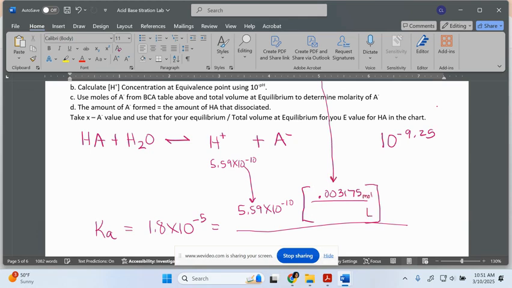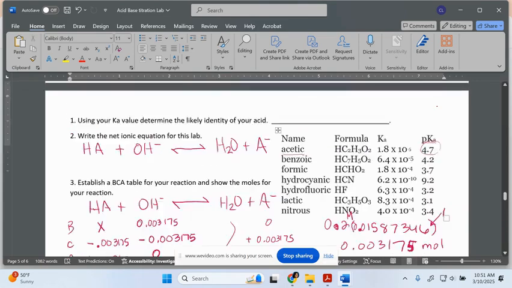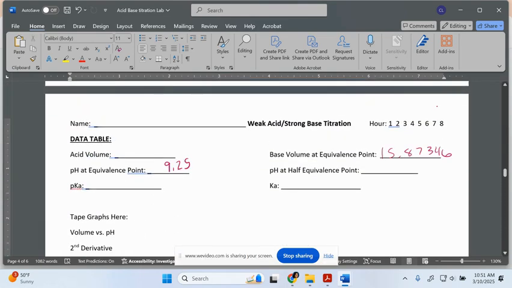And then I need liters on the bottom. So how many combined liters do we have? You have to find out how much you used of your acid. So your acid volume here added to your base volume. You've got to add those two things together. This was probably 30 or right around in there, and you're going to add it to the base at equivalence point. Right?